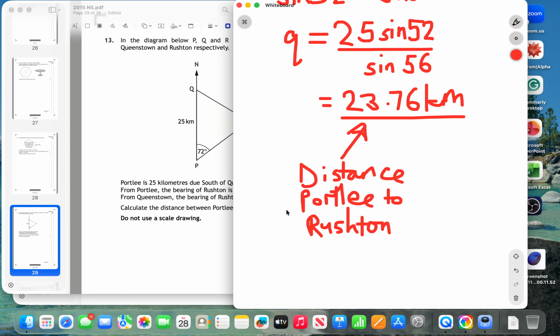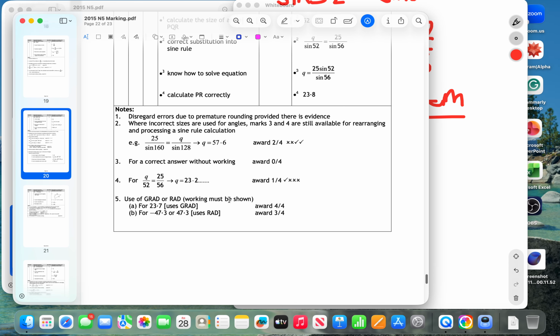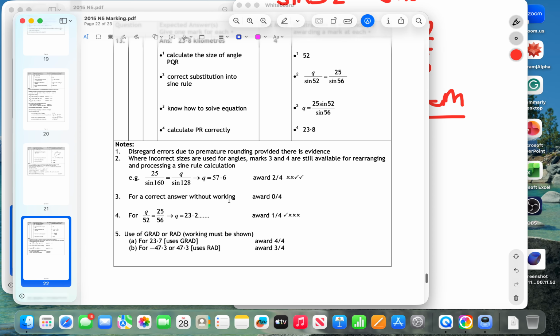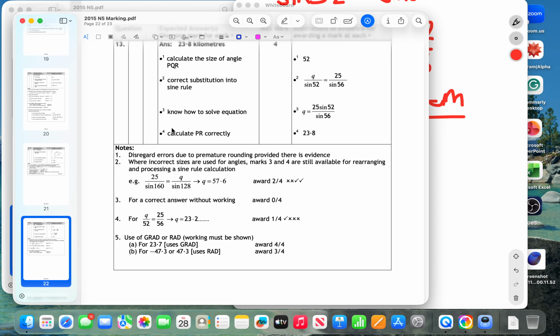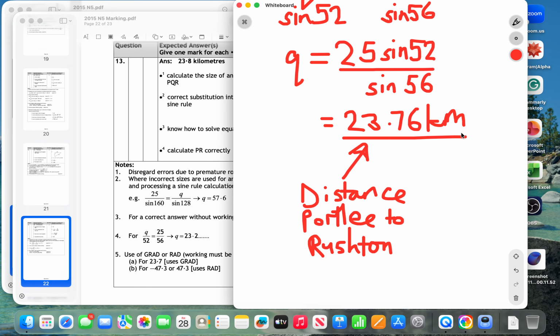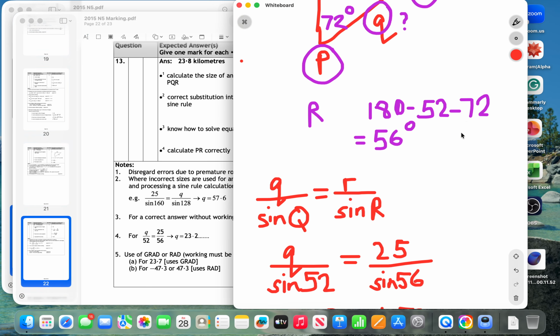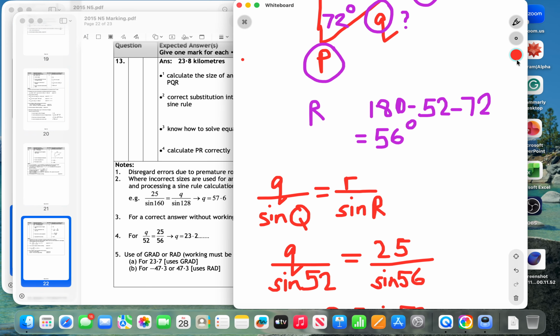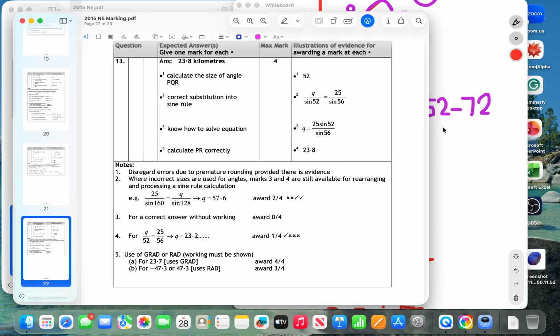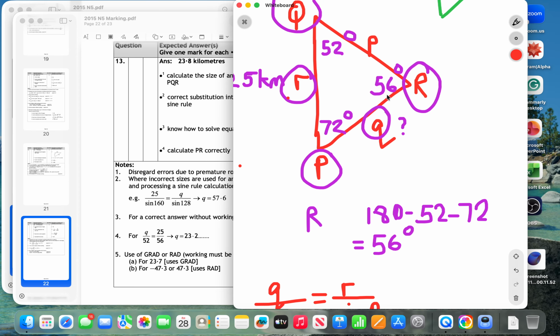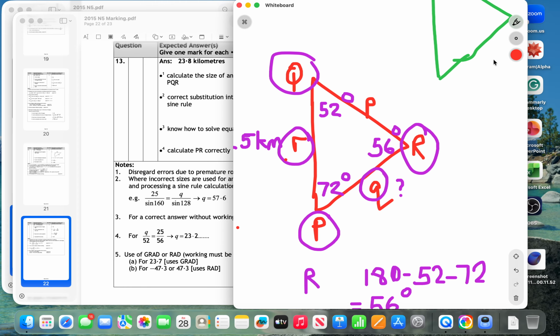Let's have a look at how the SQA would assign marks to this question. The first mark is for knowing the angle of 52, which we got here.